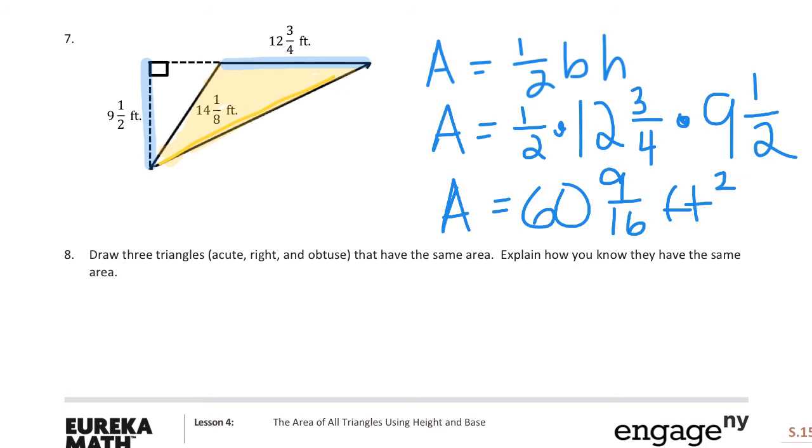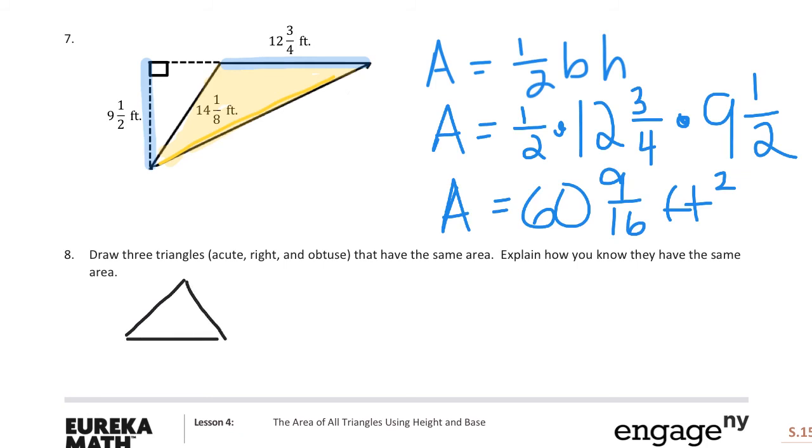For our next problem, it asks you to draw 3 triangles, an acute triangle, a right triangle, and an obtuse triangle that have the same area, and explain how you know they have the same area. So the simplest way to do that is to draw them so that they all have the same base and the same height. When I draw an acute triangle, that means all 3 angles are less than 90 degrees.